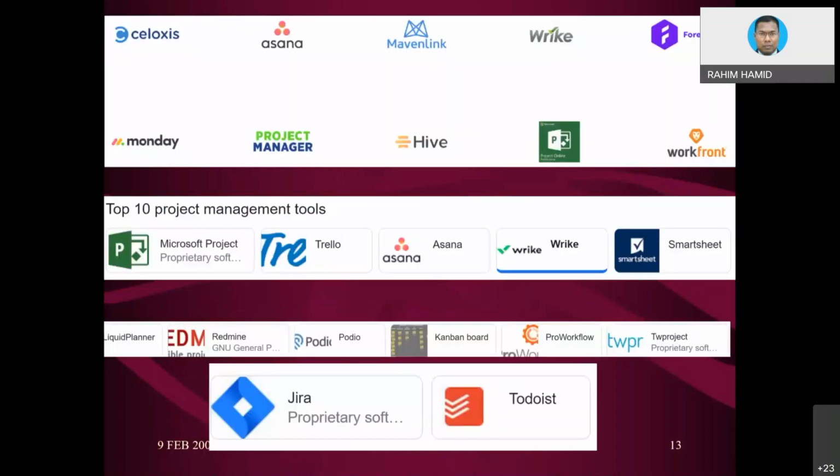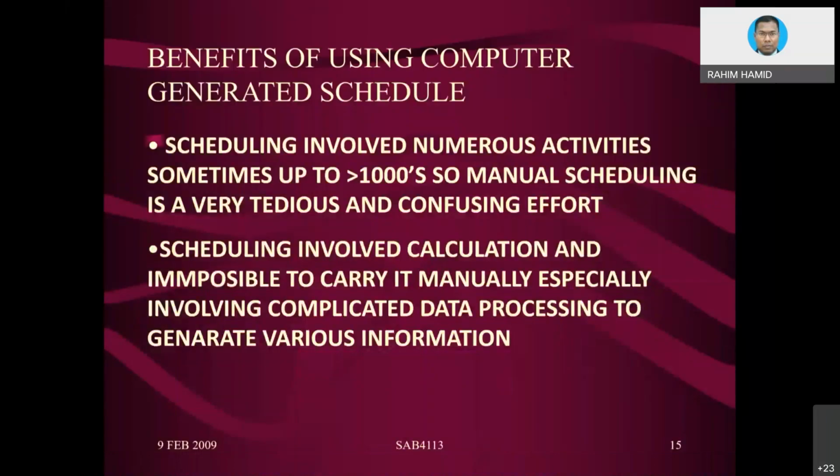All right, okay. Why do we use software? Because of this issue, updating. In our class, in some of our assignments or even the final exam, we simply give you up to 20 activities.